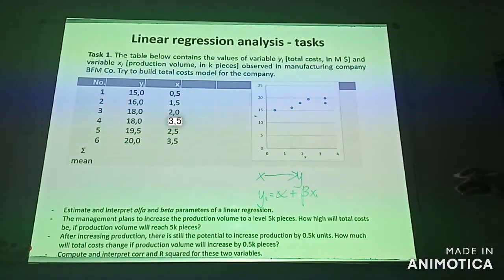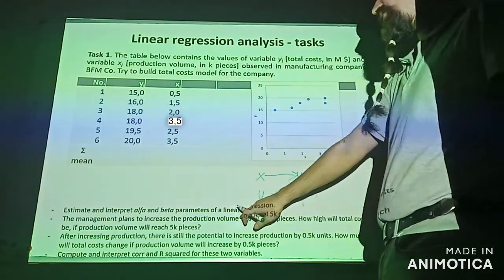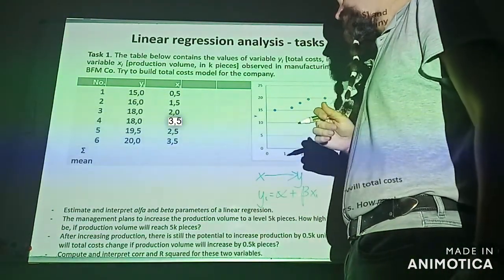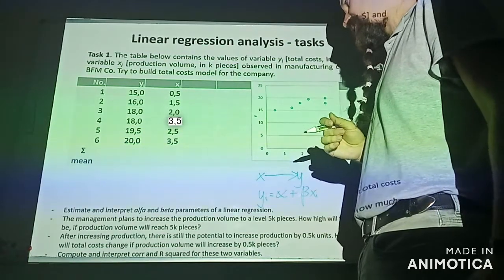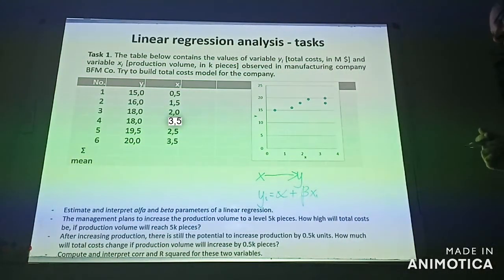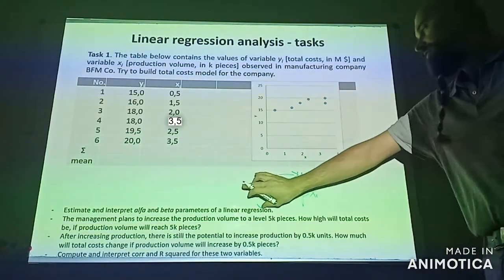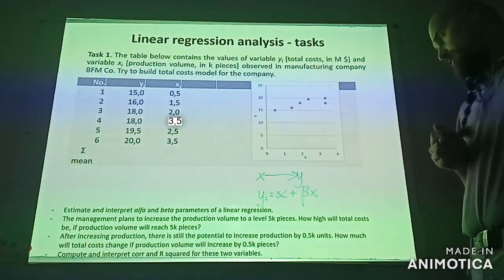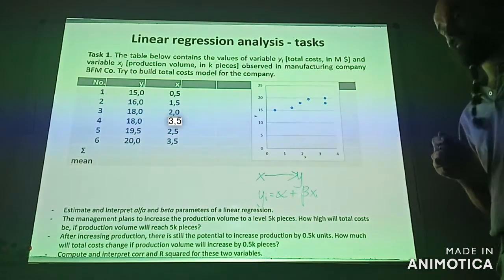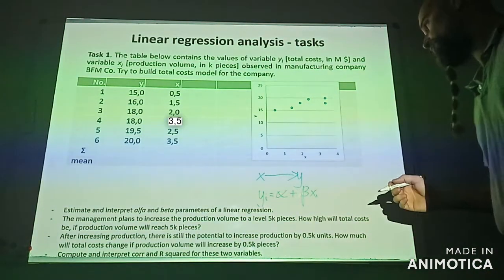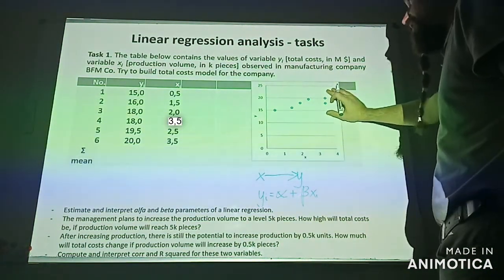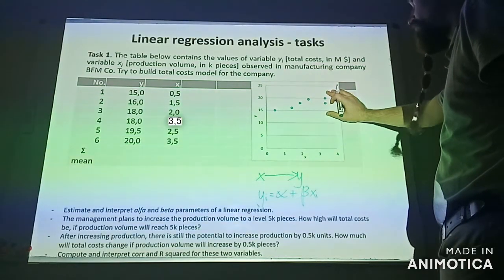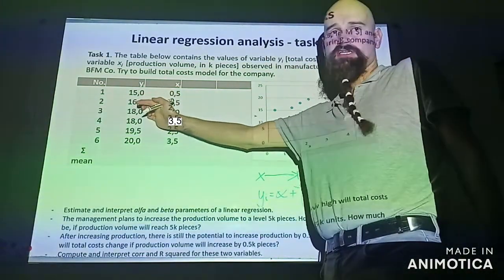Okay, so we know the relationship, and the first command is to estimate and interpret the alpha and beta parameters of a linear regression in the form of yi equal to alpha plus beta xi. Here we have the graph that presents the data from the table.